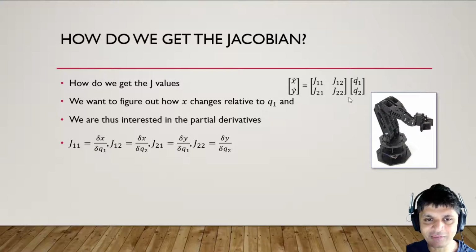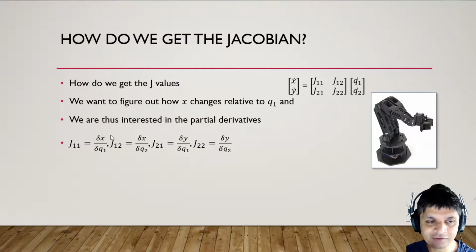But what's interesting about that then is that j11 can be thought of as how much a change in q1 causes a change in x. Okay, and we have a term for this. This is the partial derivative, right? So we are thus interested in the partial derivatives. j11 is the partial derivative of x with respect to q1, right?